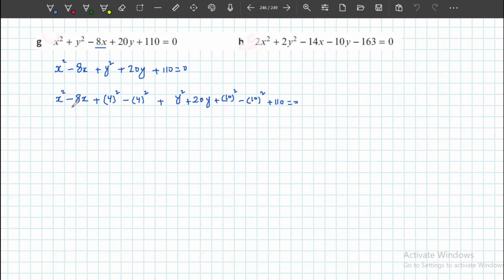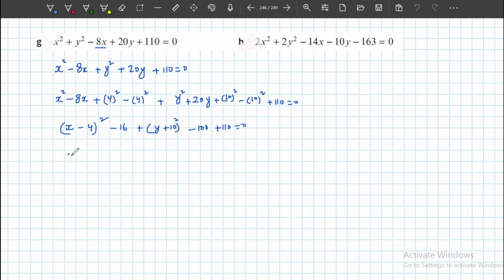And later on we can say that the first three terms show x minus 4 whole squared minus 16, plus the first three terms y squared plus 20y plus 100 give us (y plus 10) whole squared, and simplify minus 100 and plus 110.